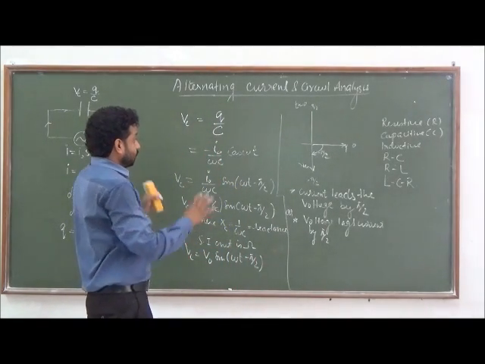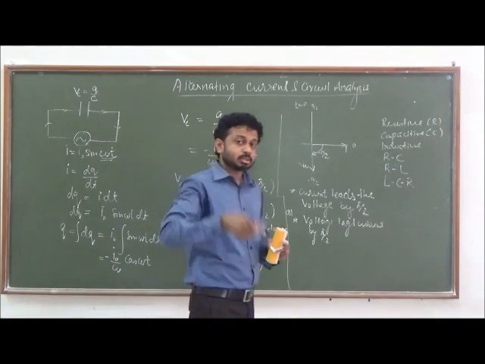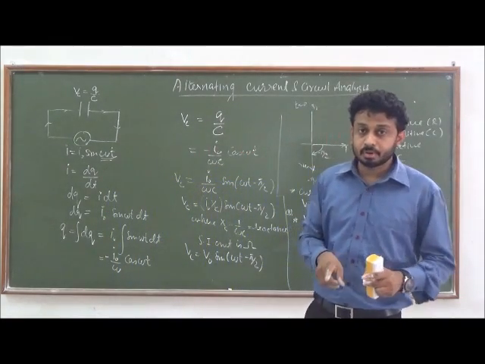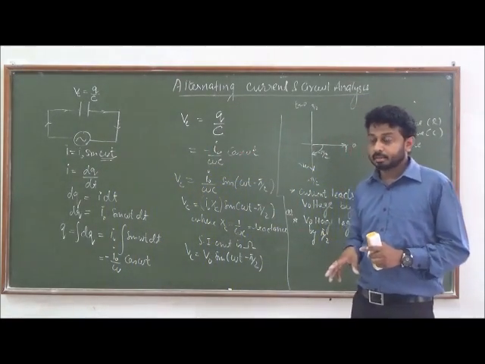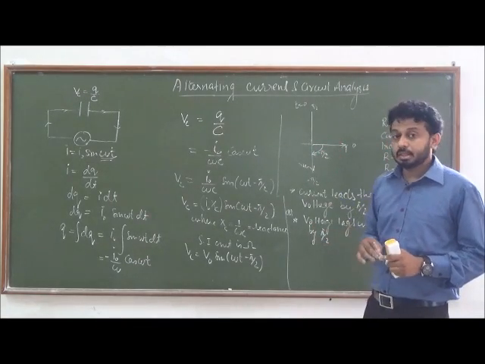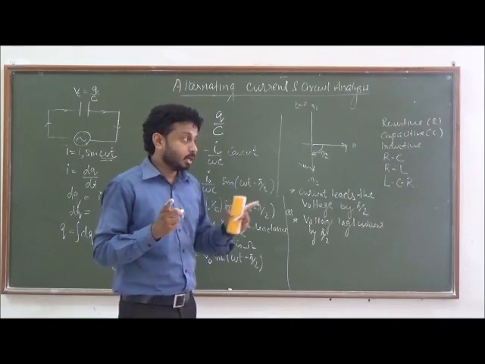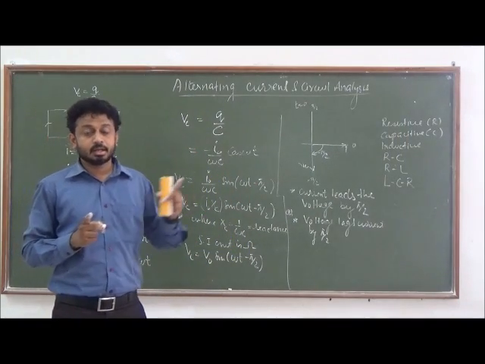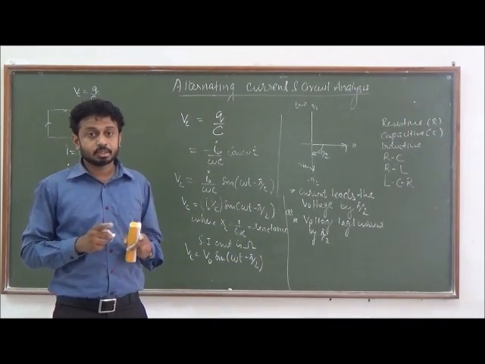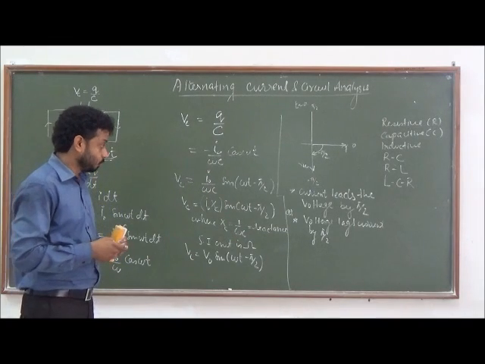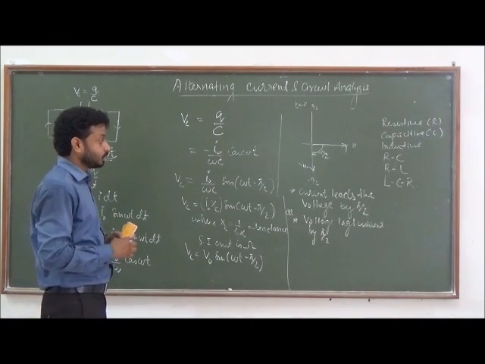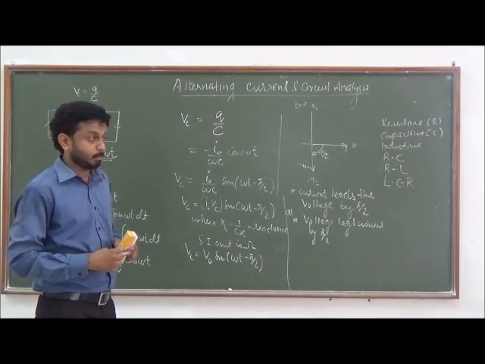So if I sum up the two circuits, in the first circuit we found that only resistance was there, so the current and the voltage are in the same phase, whereas in the capacitive circuit the current and the voltage are out of phase by pi by 2. In the strictest language, the current leads the voltage by pi by 2.